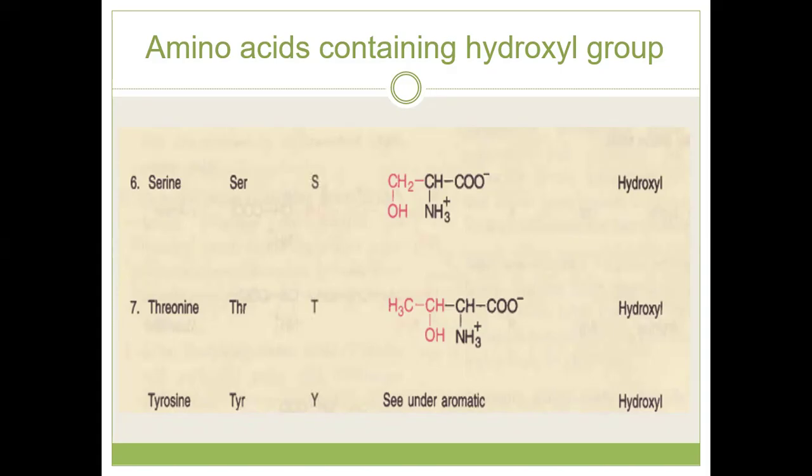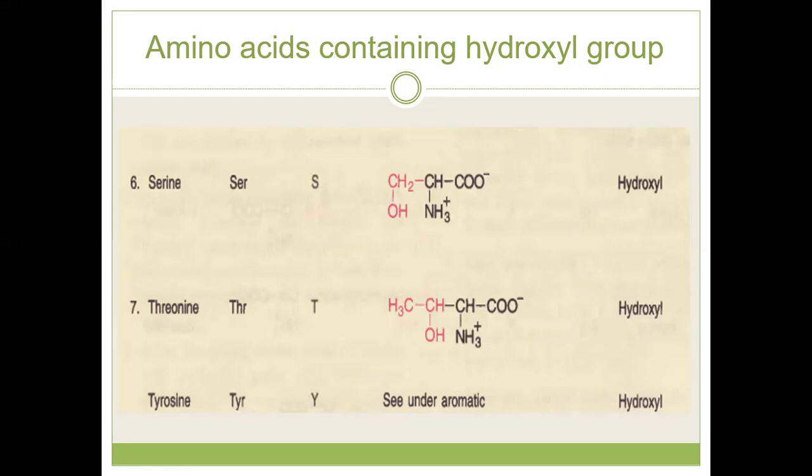Now just imagine that beta carbon methyl group substituted with a hydroxyl group. You're going to have what we call serine. So on the beta carbon, you have a hydroxyl group. This gives what we call serine. Is that clear?